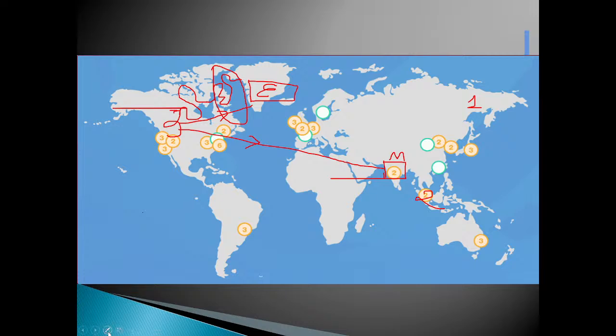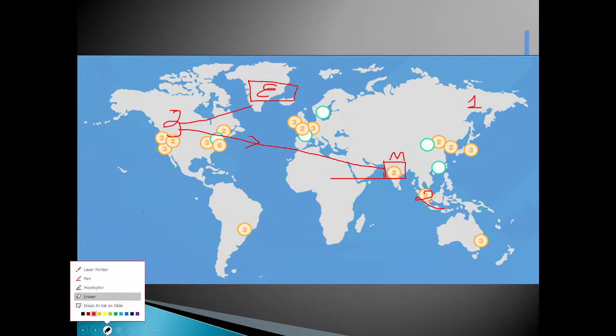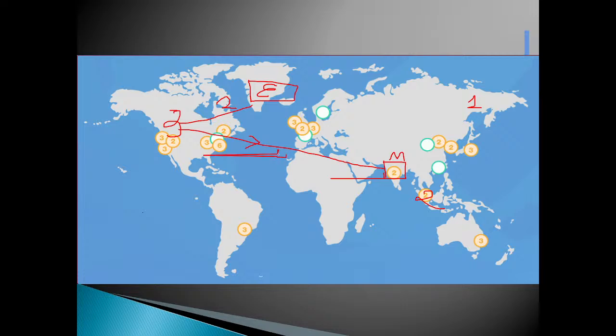Okay, so let's say initially the request was taking 2 seconds, and here the request was taking 4 seconds to give the response. The site was taking 2 seconds to respond, and here it is taking 4 seconds.